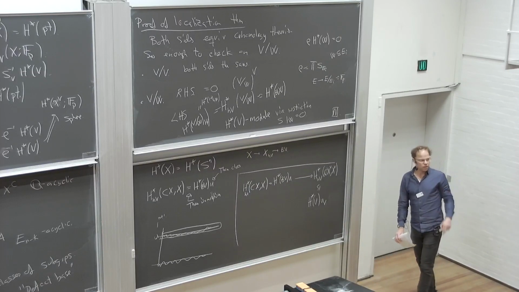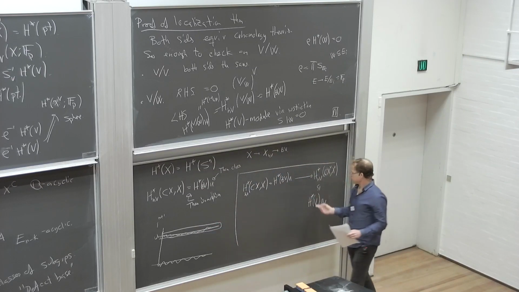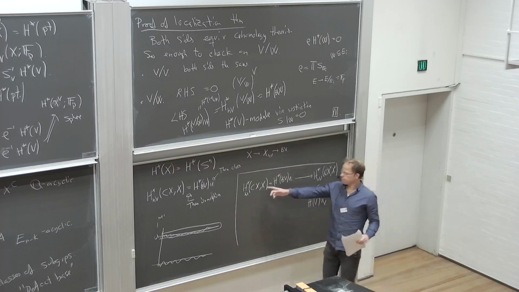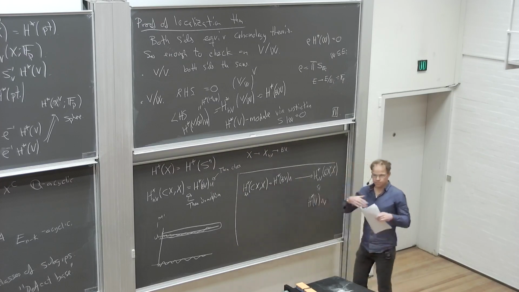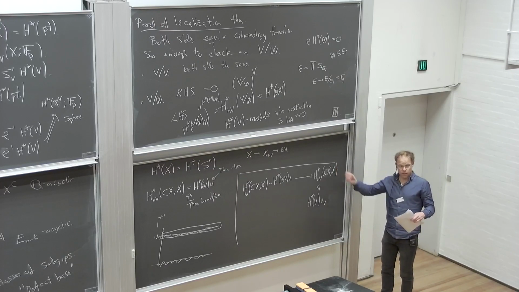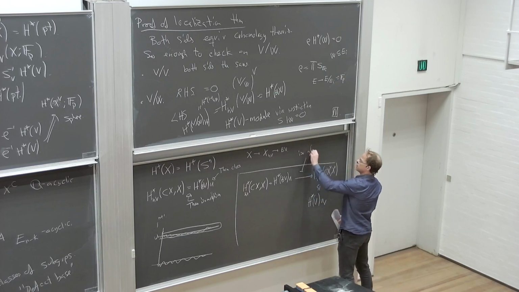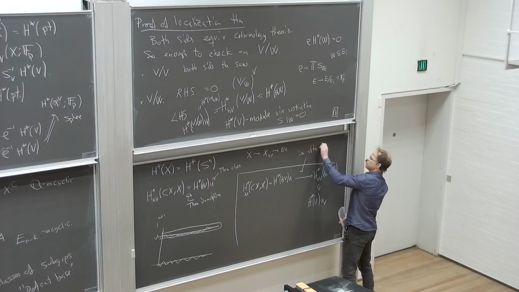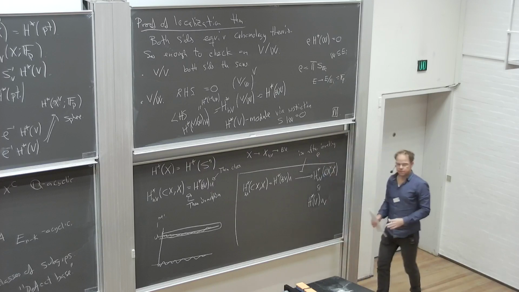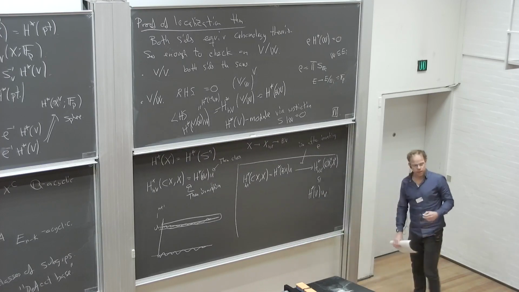And we know via the localization theorem that this map has to become an isomorphism when we invert the cohomology of V, or this Euler class E. But now that does already tell us something, right?